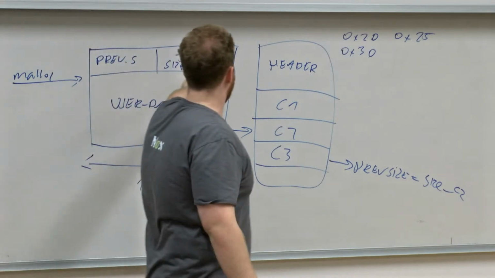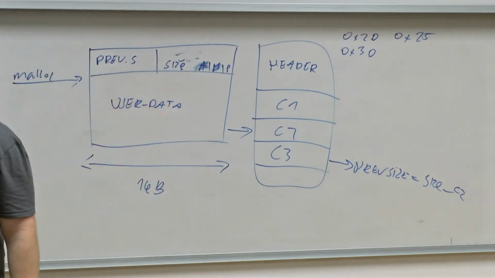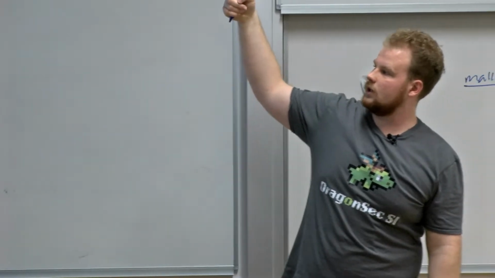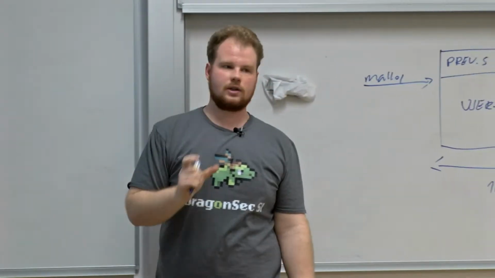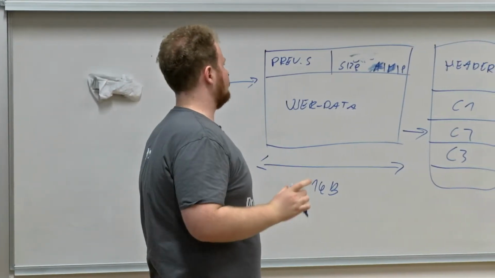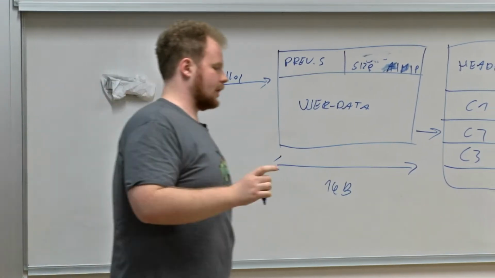So these 3 bits are the least significant bits of the size value, and they represent: the A bit is set if the chunk does not come from the main arena. The arenas are used for multi-threaded applications.